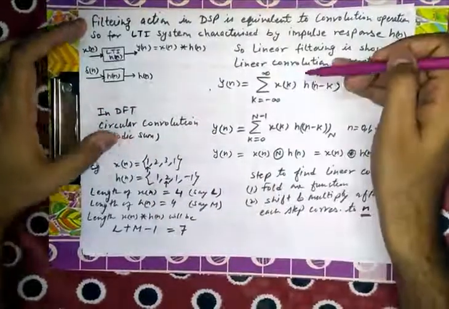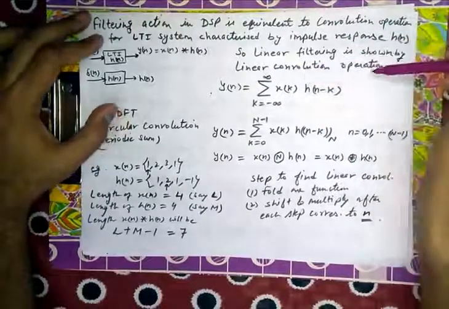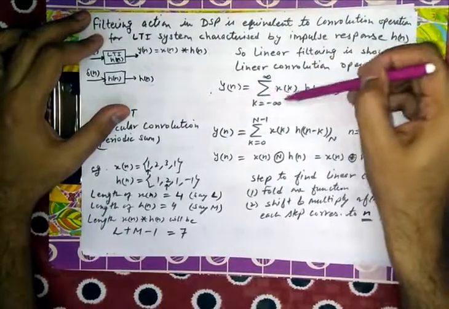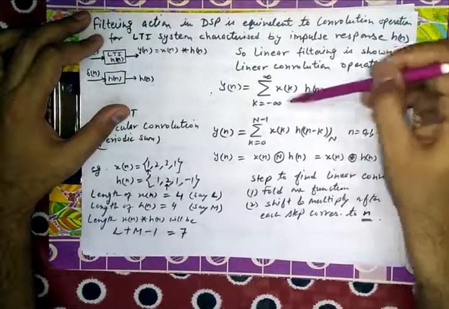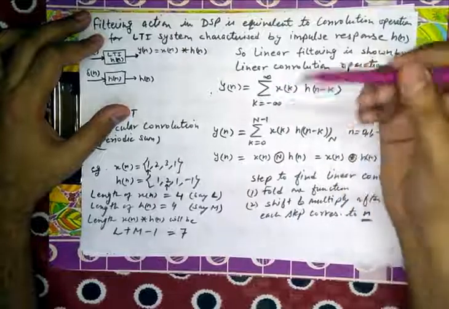For the linear filtering action, we use the terminology linear convolution operation, shown by y[n] equals the summation of x[k] h[n minus k], where k varies from minus infinity to infinity if it is discrete.